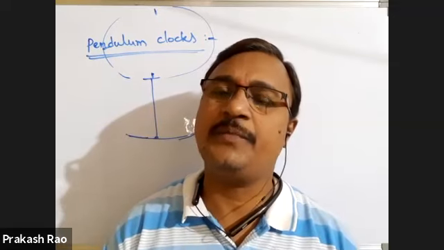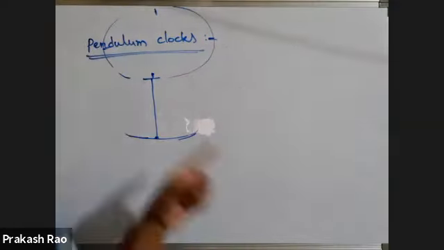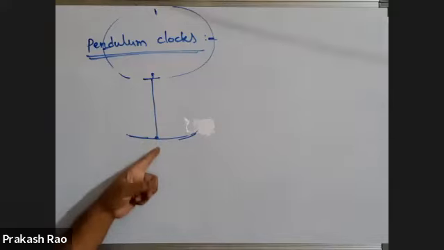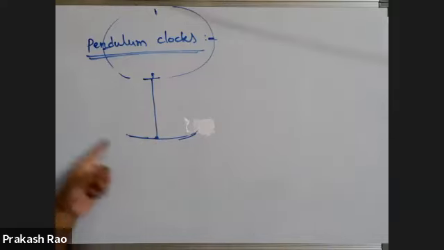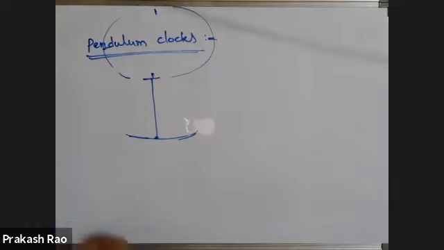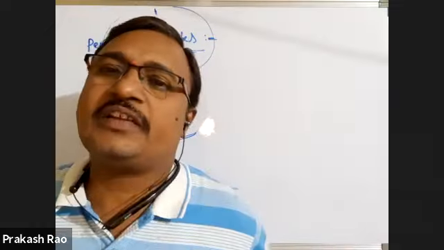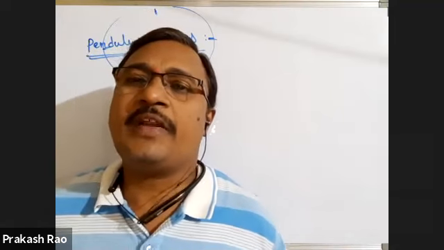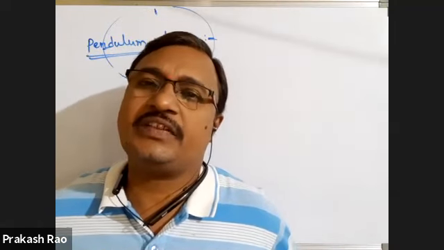Then variation of temperature is there. Due to variation in temperature, the length of the pendulum increases. When the length increases, the time period of the pendulum increases. When the time period increases, it may or may not make the same number of oscillations as before.